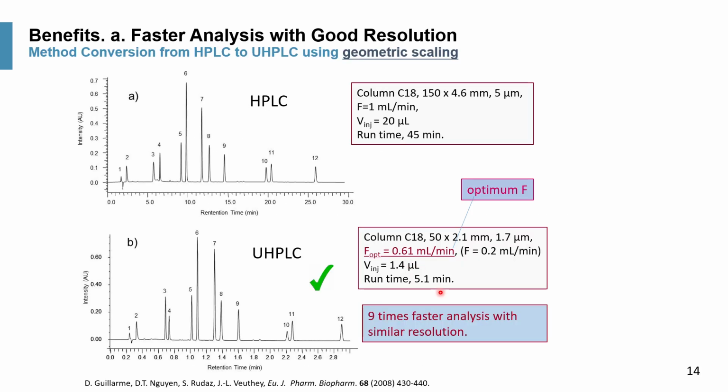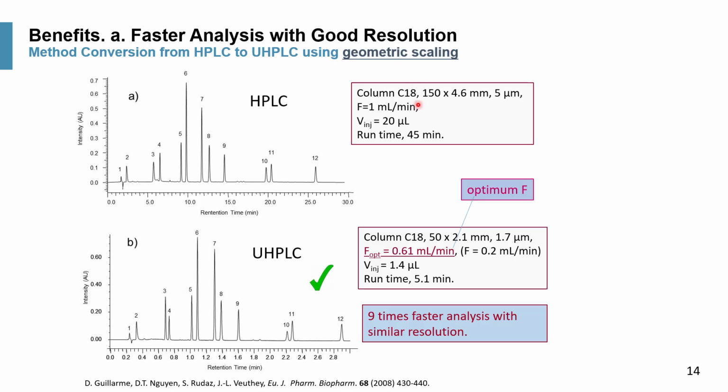The first benefit, faster analysis with good resolution. Here we illustrate a publication by Professor David Guillarme in 2008 in the European Journal of Pharmaceutics and Biopharmaceutics, where he compared a conventional HPLC column gradient condition separating 12 pharmaceutical compounds.